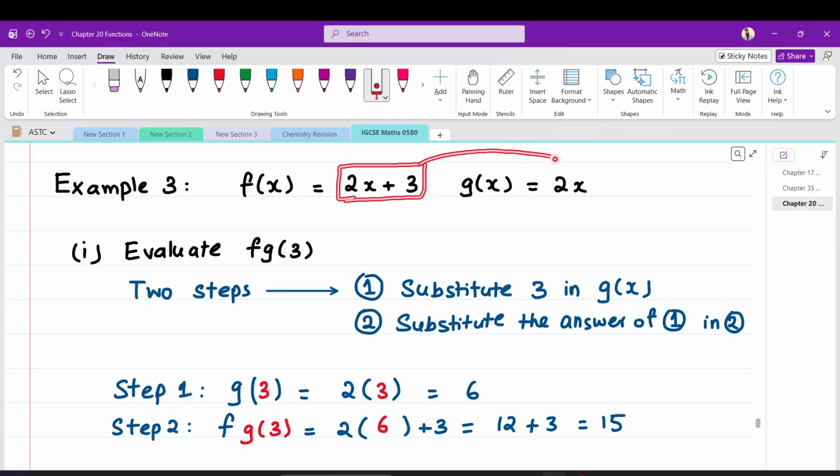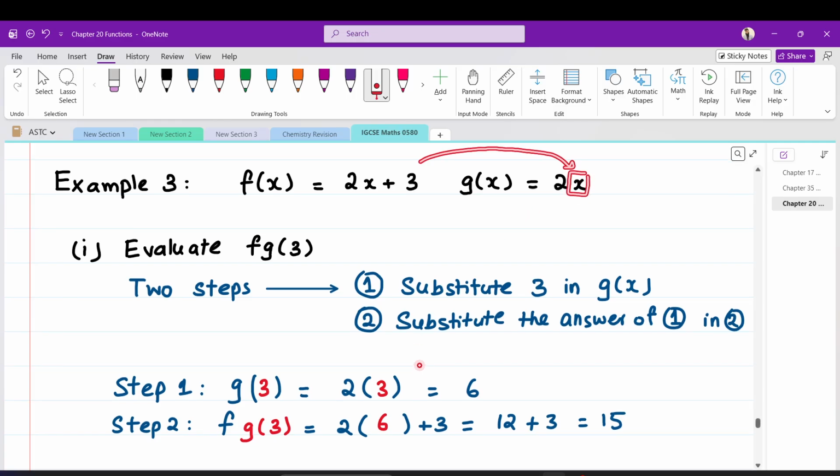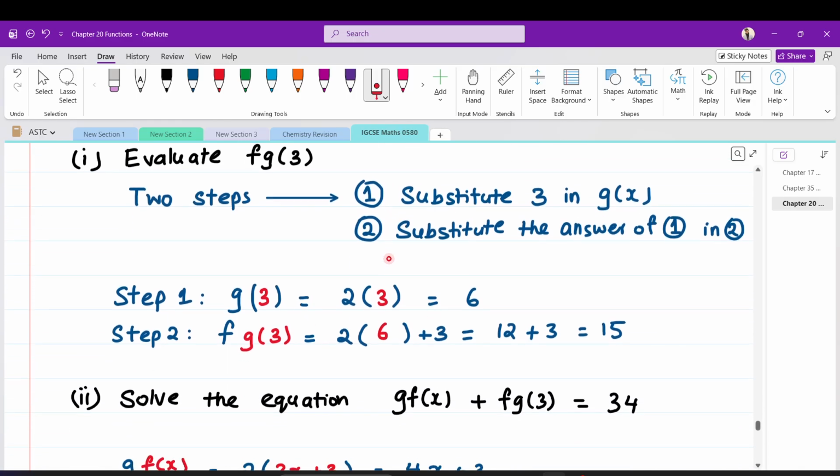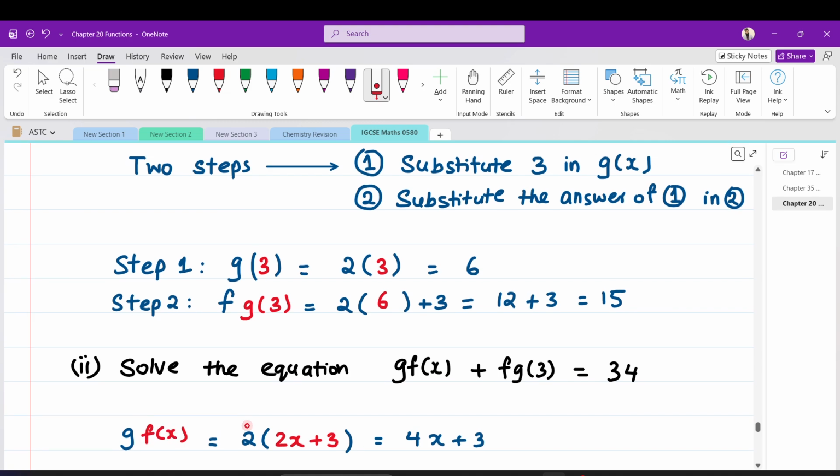So this will be substituted into the x of this function. That would be my g of f of x. So g of f of x equals 2 times 2x plus 3. That gives us 4x plus 6. This should be 6 over here.